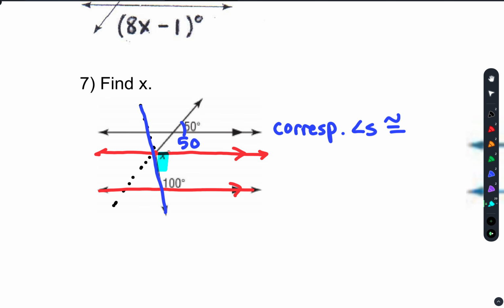What's the relationship between that 100 and that angle that I have highlighted? Yeah, they add up to 180. They are same side interior angles. So they equal 180, which means that this little sliver over here is 180 minus 100, which is 80.